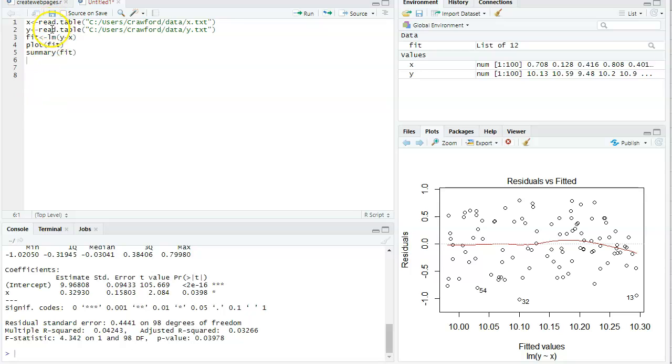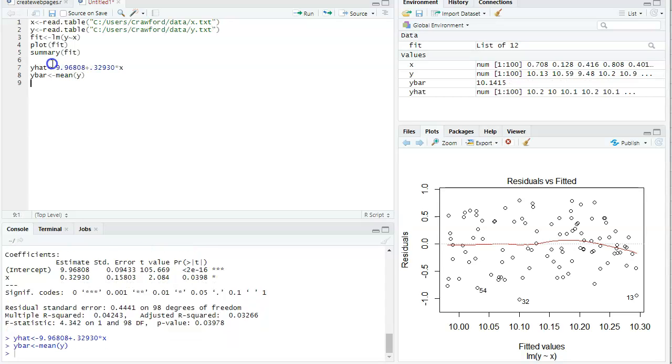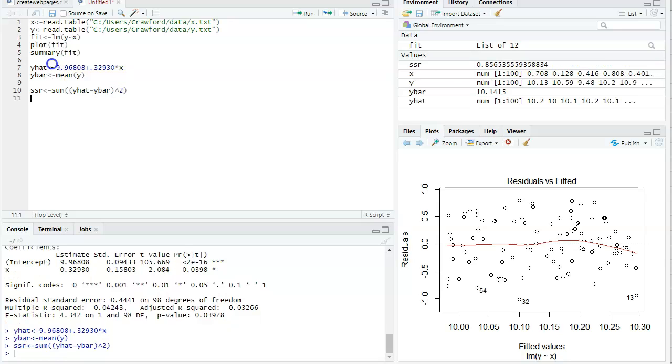I just had to read in my X and Y data points into R, and then my Y hat data points are going to be 9.96808 plus 0.32930 times the X values, and my Y bar for the mean of the Y's, and then the SSR piece is going to be the sum of Y hat minus Y bar squared.